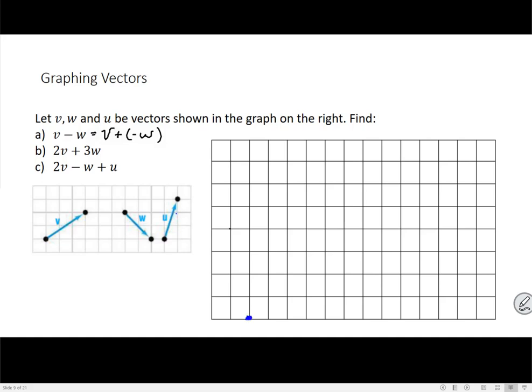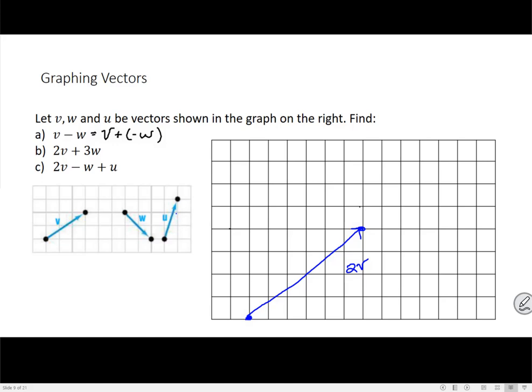So that means I'm going to go 4 units up and 6 units to the right. And there's my vector 2v. Now from my terminal point of 2v, I'm going to draw the vector negative w, which is the vector w drawn in the opposite direction.